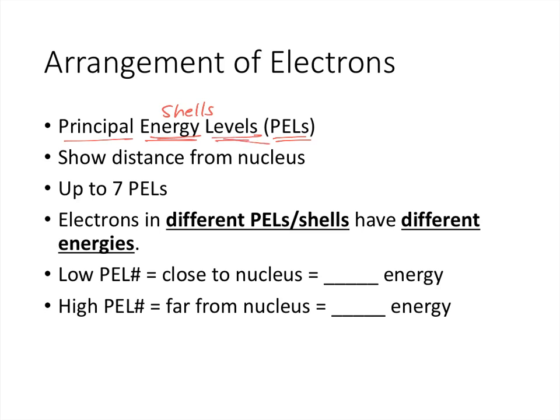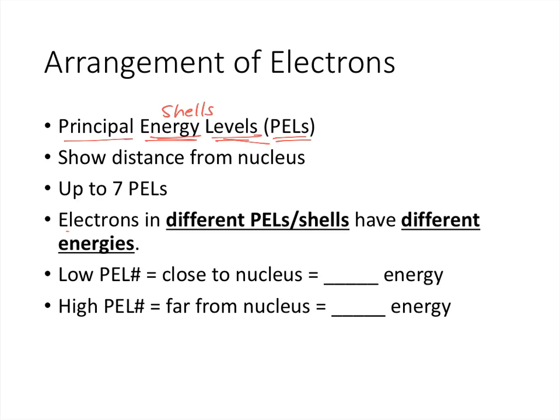The principal energy levels, PELs, give you a general idea of how far an electron is located from the nucleus of an atom. Atoms can have up to 7 PELs, depending on how many electrons an atom of a particular element has. The smaller the element, the fewer PELs it needs. The bigger the element, the more PELs it would need.